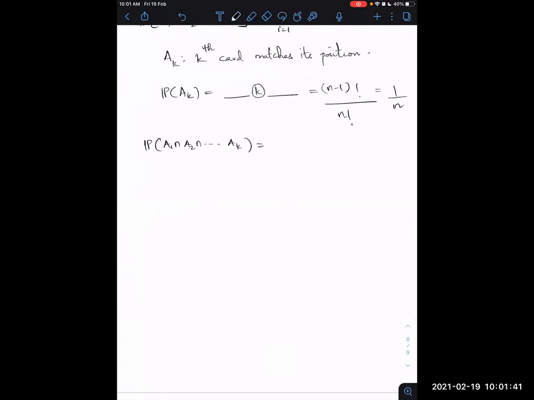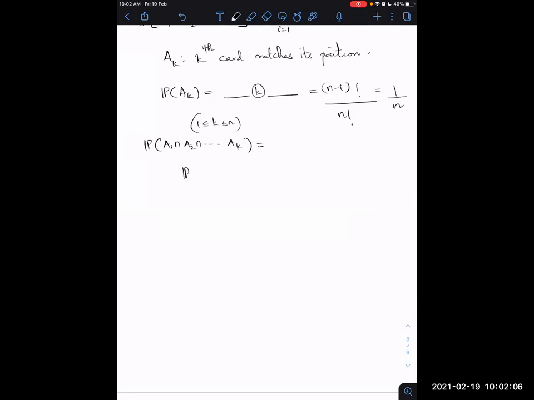So k is some number between n and 1. And if we can estimate this, we can estimate it for all k's if we have some symmetry to be applied, which we obviously have here, because any card goes to any random place. That's one symmetry that we can use. And how do we figure this out?